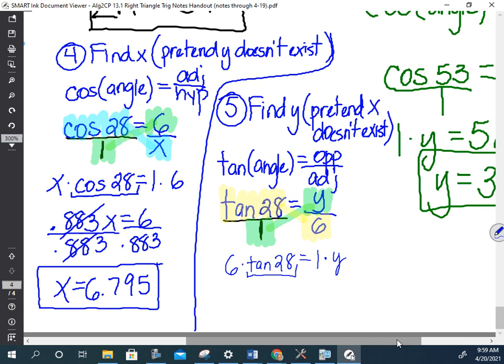Tangent 28, we can put into the calculator. 0.532. 6 times 0.532 equals y. So 3.192.